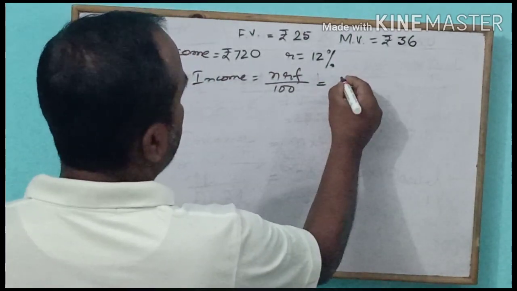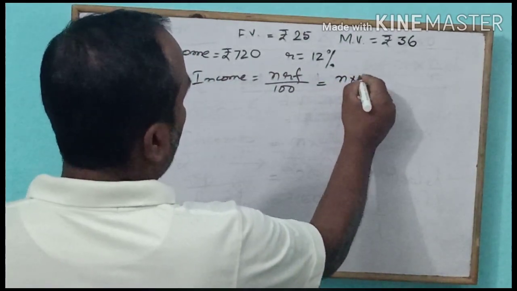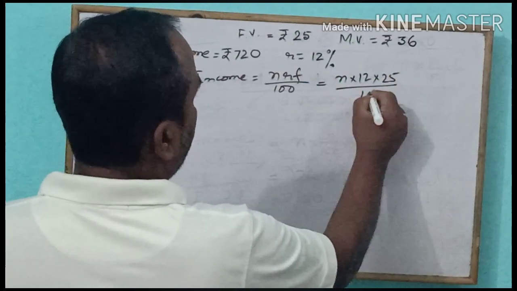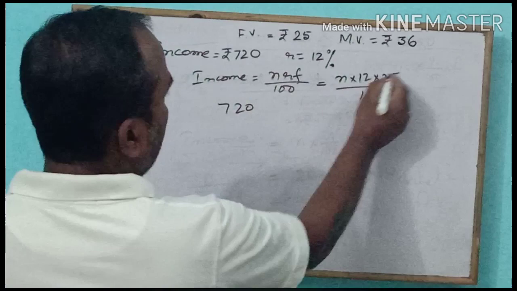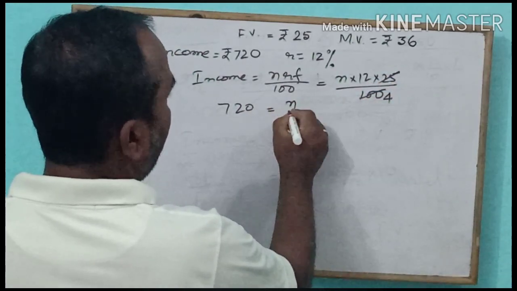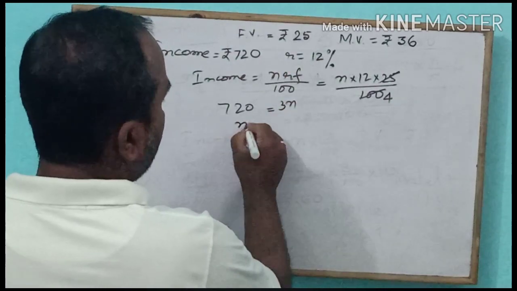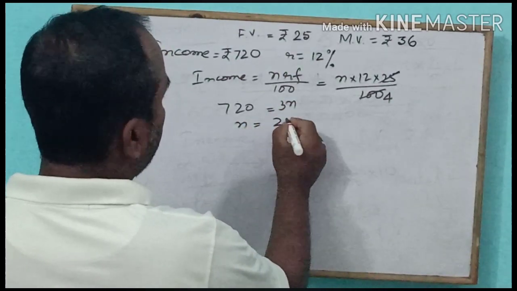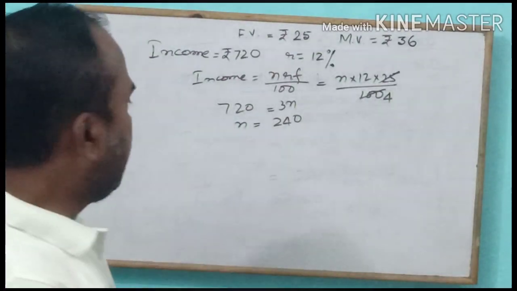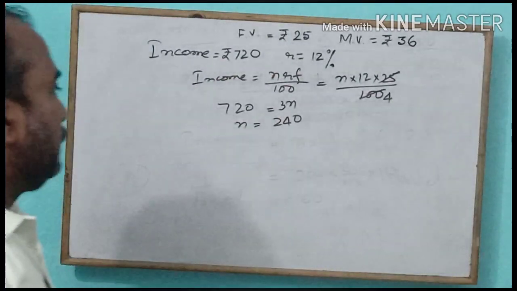So that is N into 12 into 25 by 100, which is 3N, and 720 is equal to 3N, so N is 240. So he is supposed to buy 240 shares to get the income of 720.